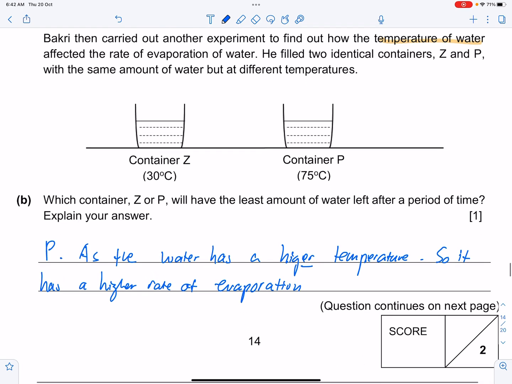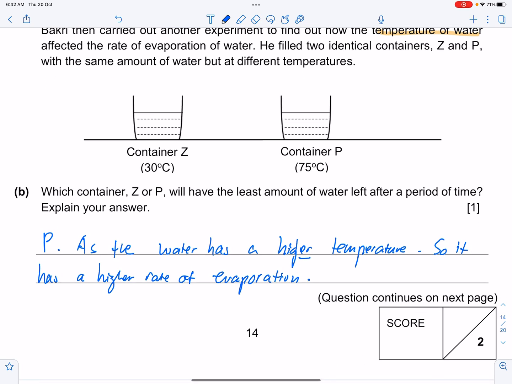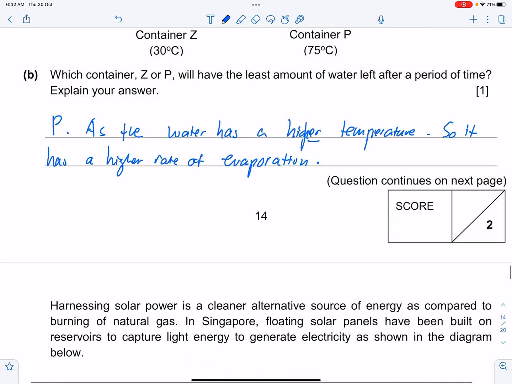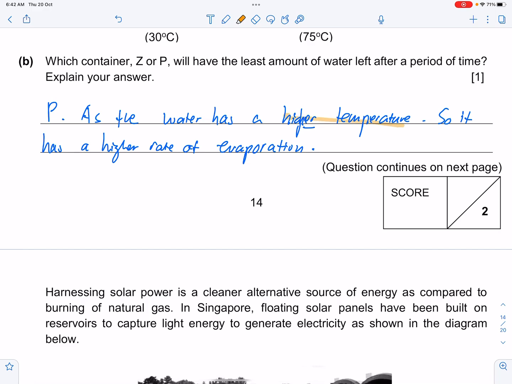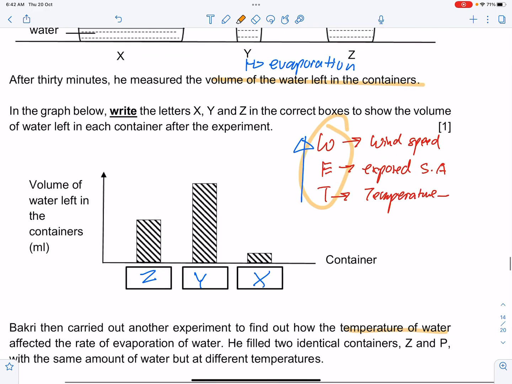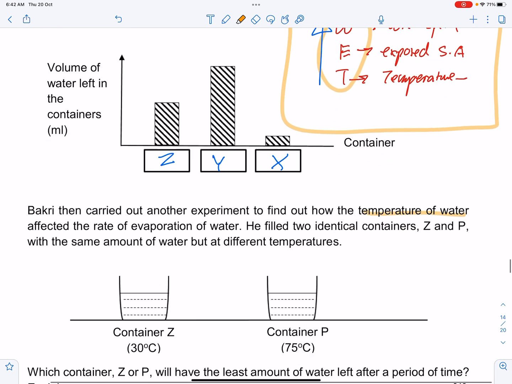Okay, so I'm looking for higher temperature, higher rate of evaporation. See how this comes in handy? Okay, next.